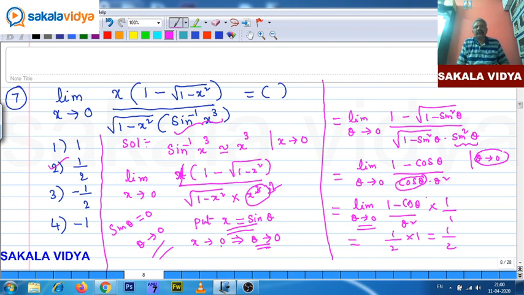I separated both the limits: limit theta tends to 0 of (1 minus cos theta) by theta square, and also limit theta tends to 0 of 1 by cos theta. So 1 by cos theta means cos 0, which is 1. This is already discussed, (1 minus cos theta) by theta square is 1 by 2, into 1 equal to 1 by 2. So the option is 2.